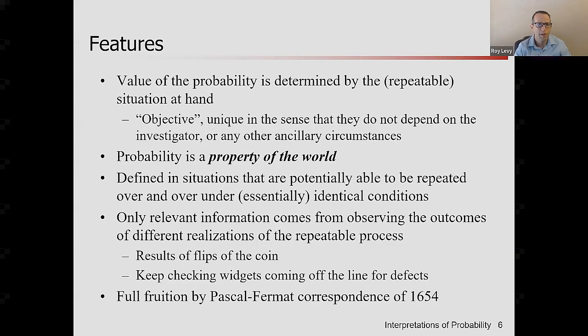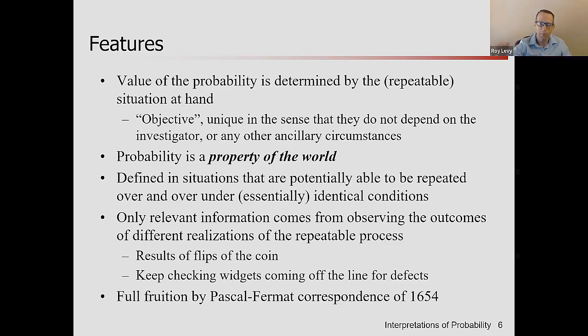Under this interpretation of probability, the value, the magnitude of the probability, say 0.6, is determined by the repeatable situation at hand. It is objective or unique in the sense that it does not depend on the investigator or any other ancillary circumstances. It's a property of the world.